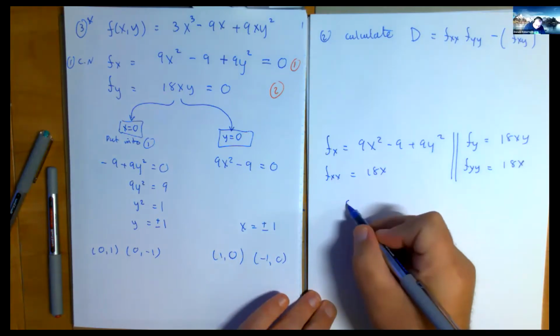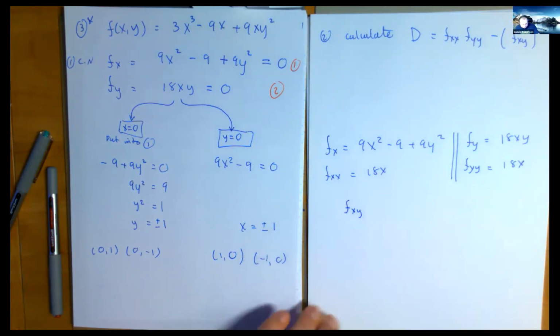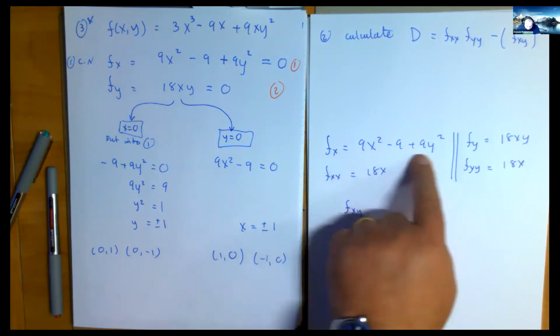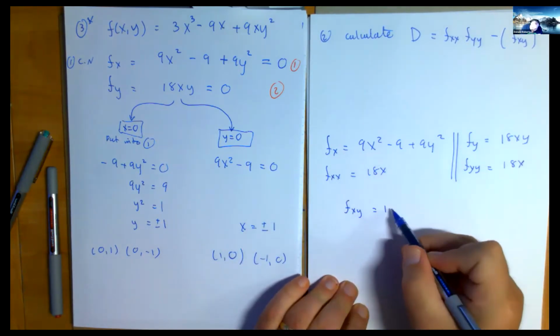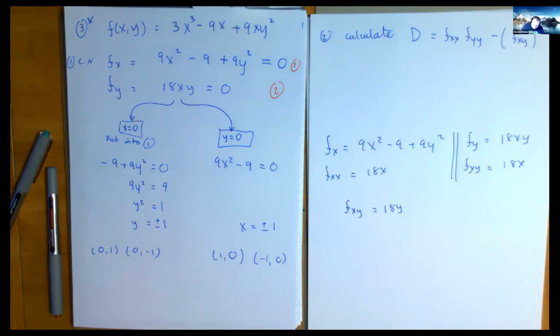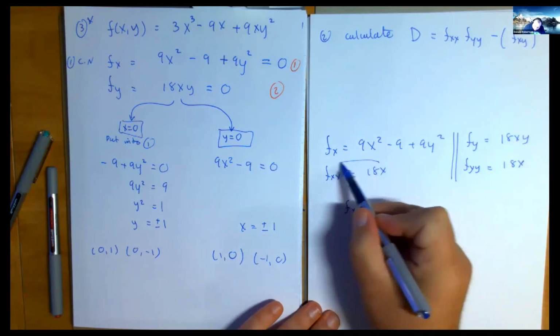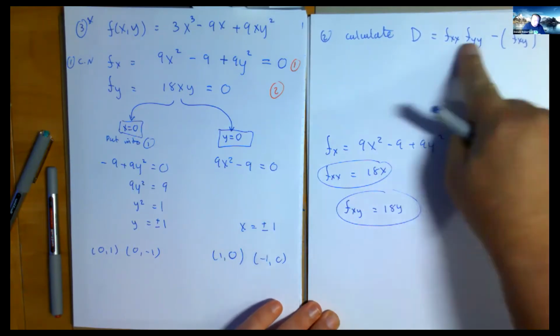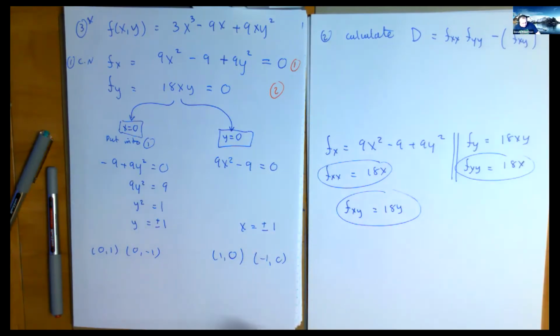Now I'm about to do the partial derivative of fxy. So I'll take this guy and differentiate it with respect to y, and I get 18y. Okay. So we are going to use this guy, and this guy up here. And we have 4 different critical numbers to check.